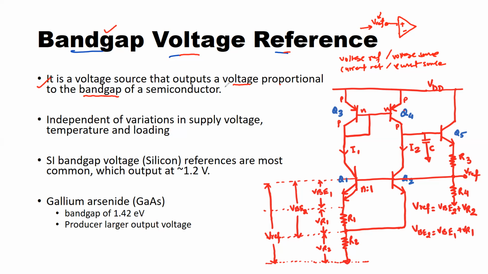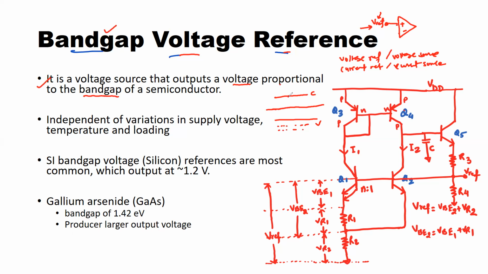So the band gap of a semiconductor, you need to understand what that is. Take an example of a semiconductor: you have a conduction band, then you have a valence band. The valence band is filled with a lot of electrons. And in between, you have a Fermi level, an energy level.